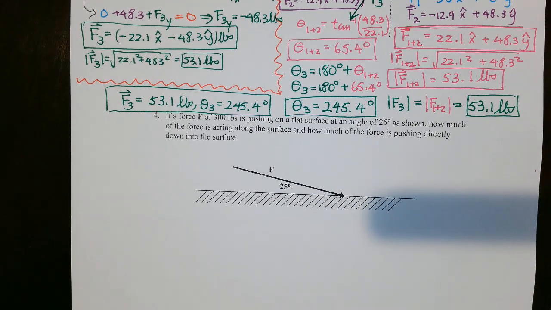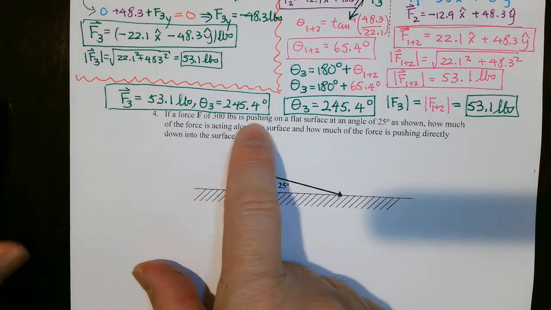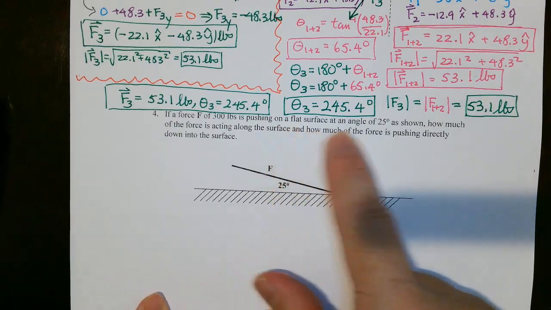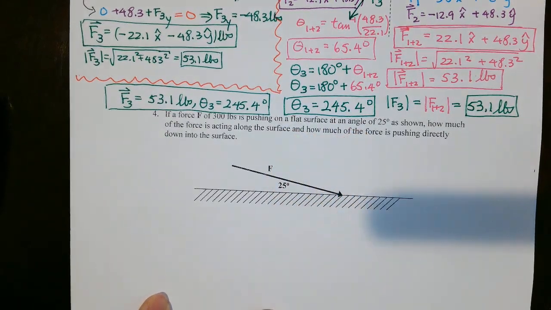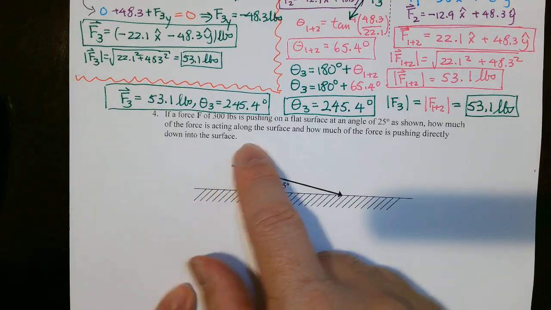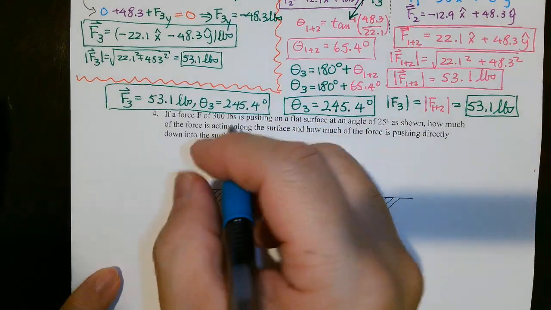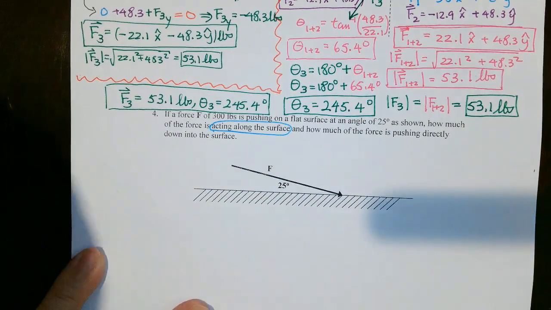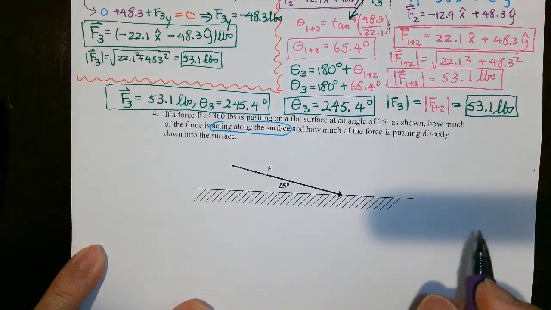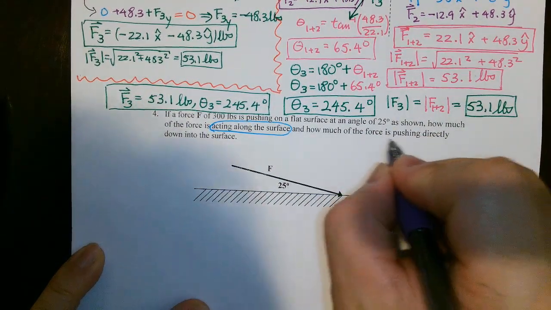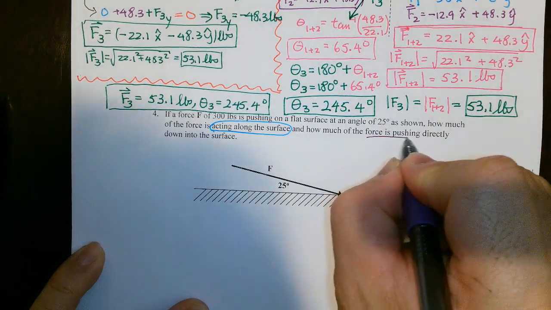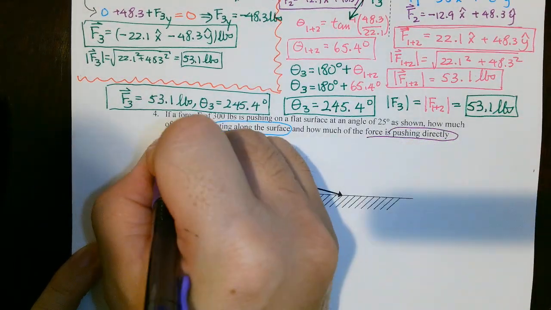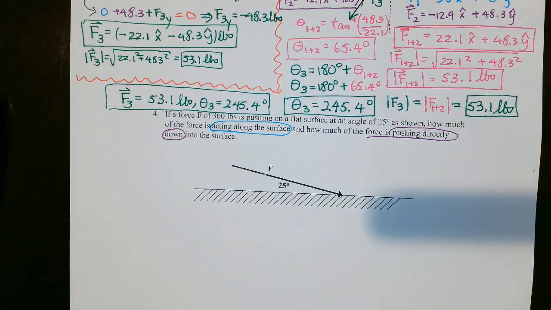So if a force F of 300 pounds is pushing on a flat surface at an angle of 25 degrees as shown, how much of the force is acting along the surface? So how much force is acting along the surface? And how much of the force is acting directly down into the surface?